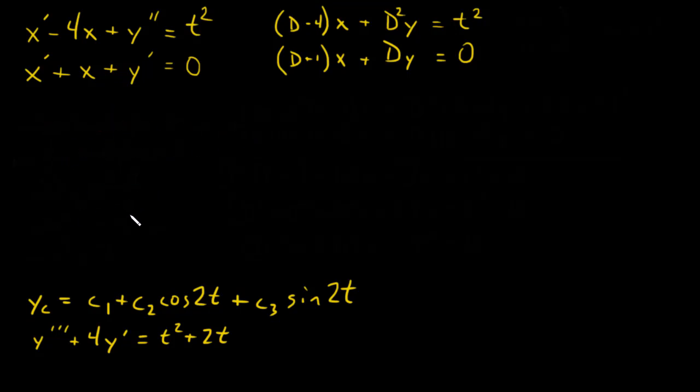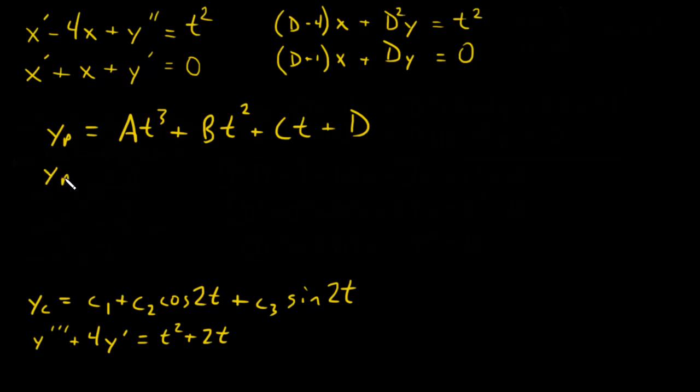I'm going to make my y sub p equal to, and these are functions of t, not x, a t cubed plus b t squared plus c t, and then you can do plus d. That's totally fine. It's not going to matter because we don't have a y function here, so it's going to be gone, but that's okay.